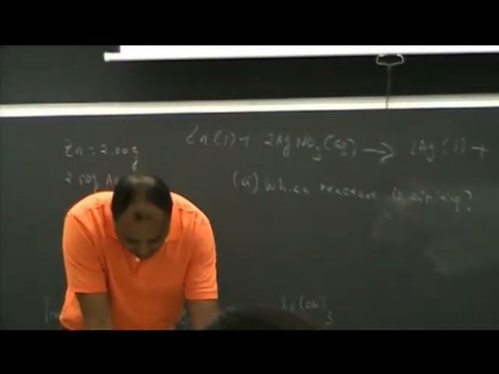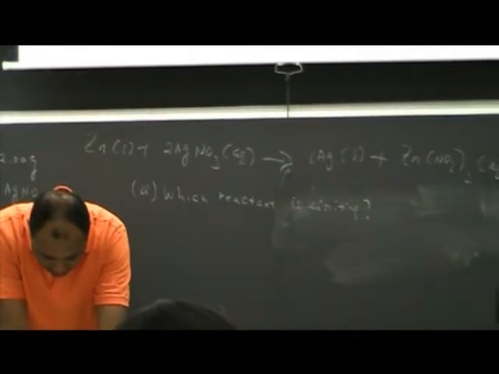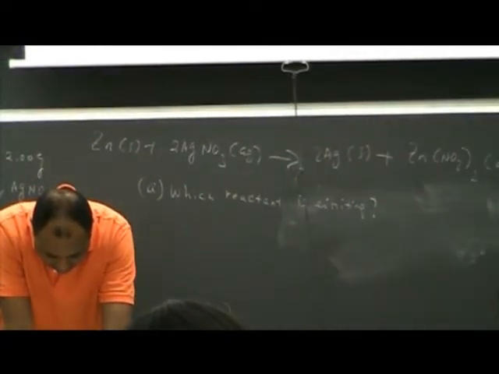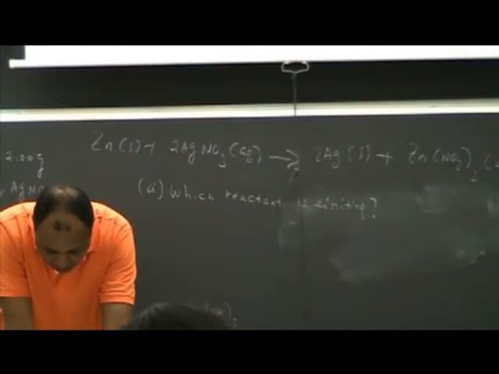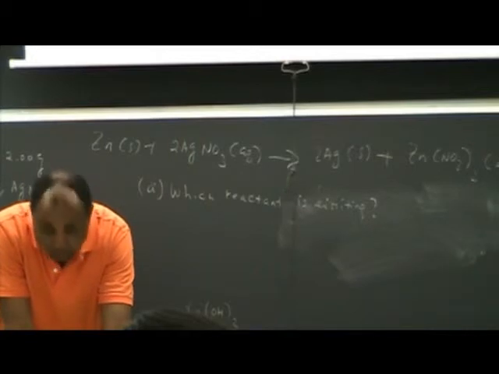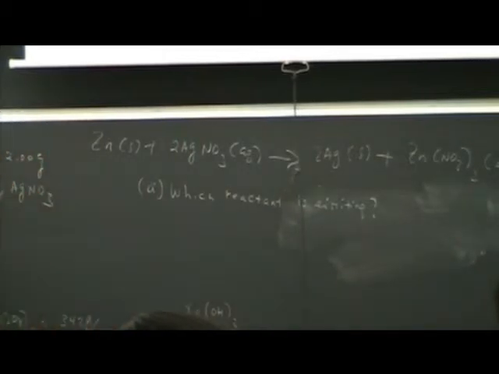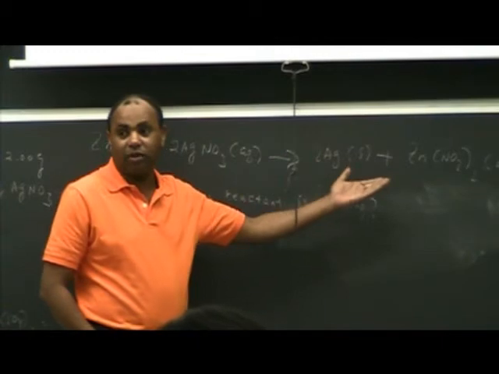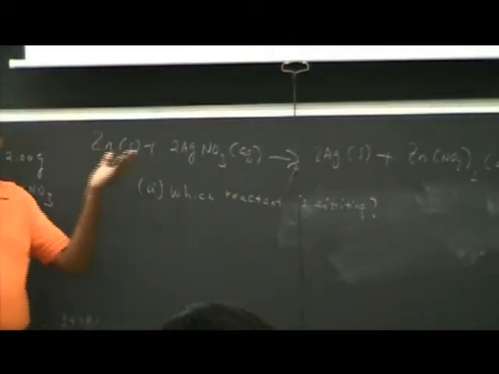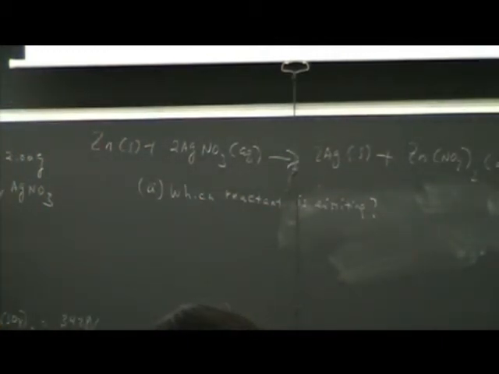The second question is, how many grams of silver will form, and how many grams of zinc nitrate will form, from the limiting reactant? In order to determine how much silver or zinc nitrate will form, you have to know which one is your limiting reactant. That's the key.